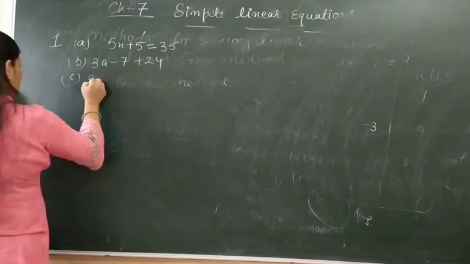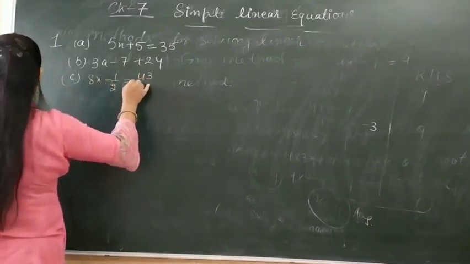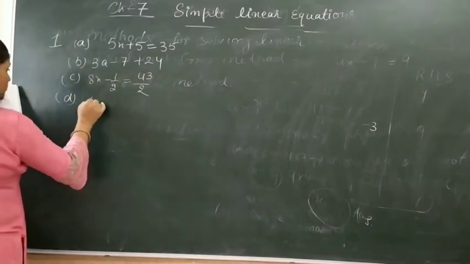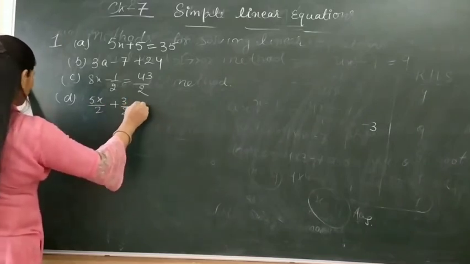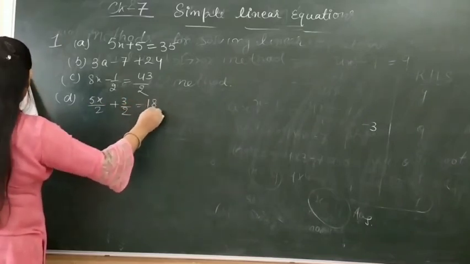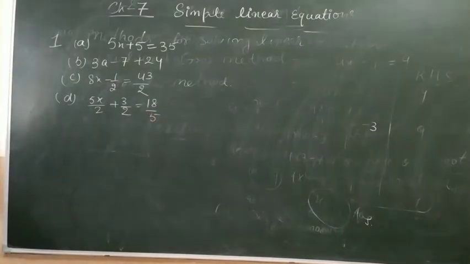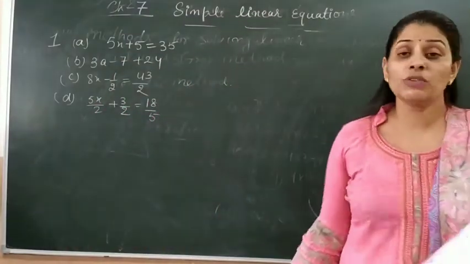C, 8x minus half is equal to 43 upon 2. And D, 5x upon 2 plus 3 by 2 is equal to 18 by 5. And we have to solve that, but which of the following are equations?